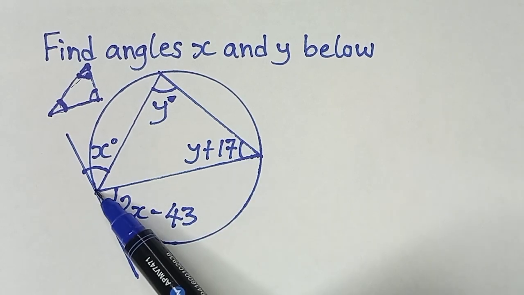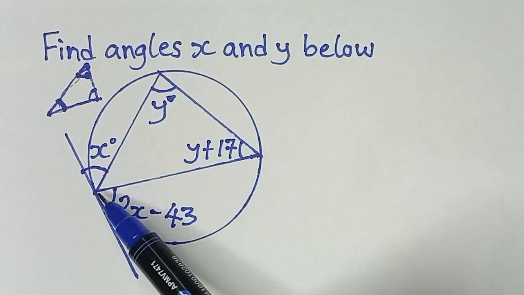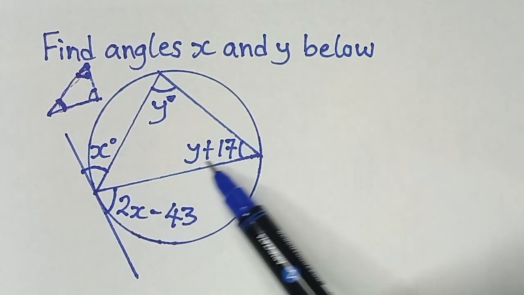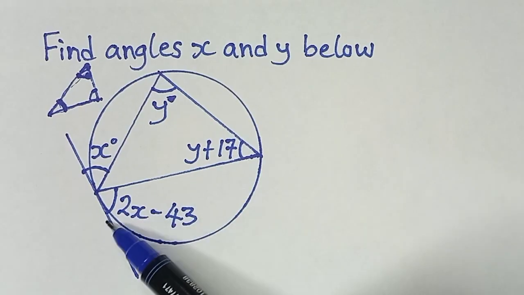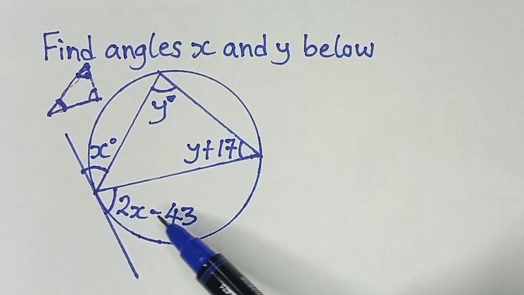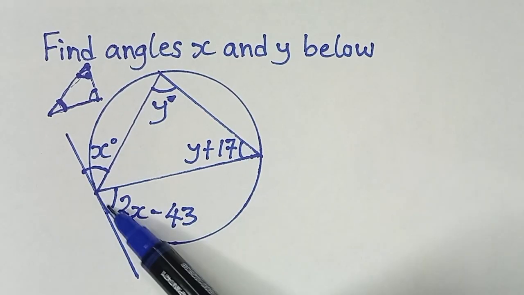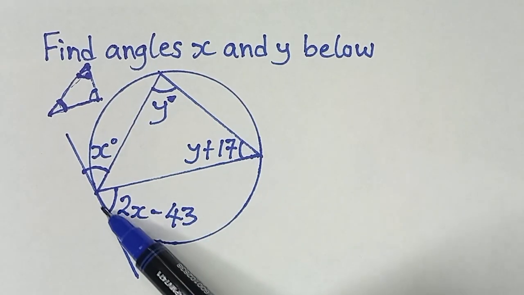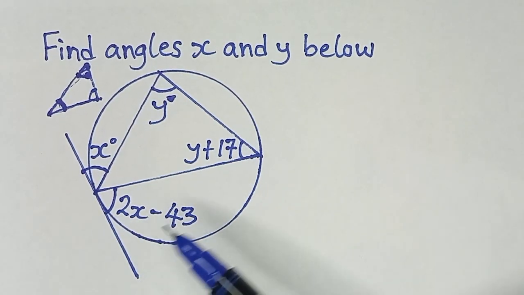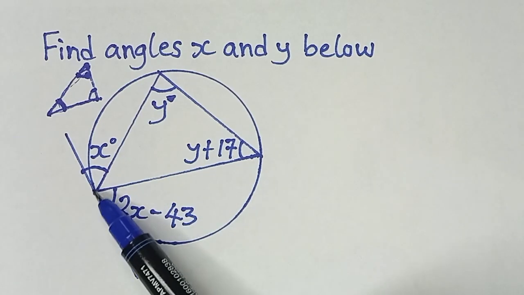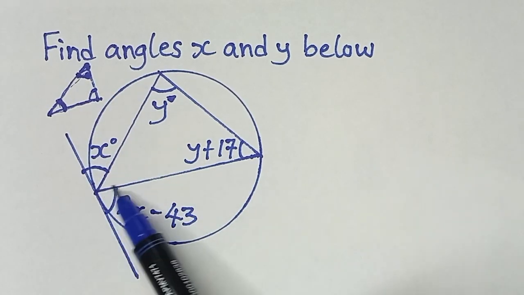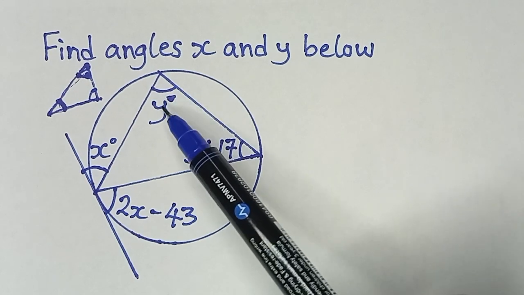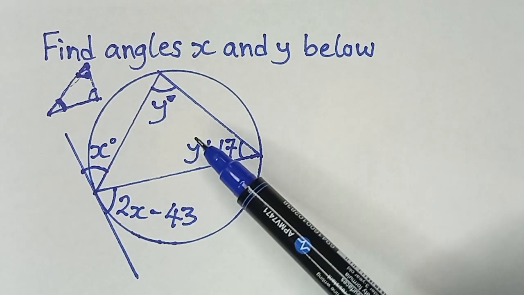Now, this is a chord. If you check, this chord makes this angle 2x minus 43 with the tangent. This chord here makes this angle with this tangent. Now, in the same way, just like I explained here, this chord has this angle y in this triangle.